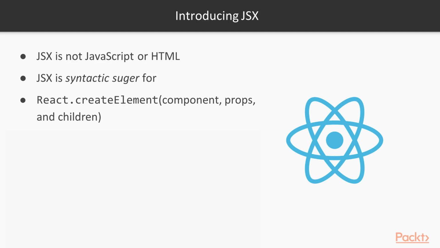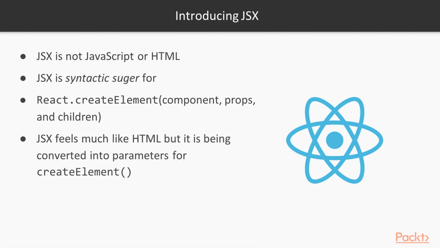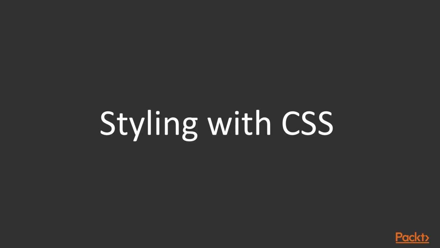If you look closely, you can see that the parameters are component, properties, and then zero to more children. JSX feels much like HTML, but it's been converted into parameters for createElement calls. That does have a few implications that mean that JSX can't be considered exactly like HTML, but the differences are small. Now we'll look at styling our component with CSS.